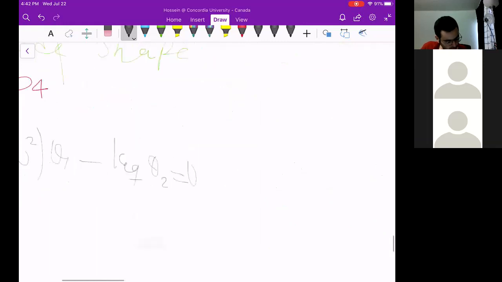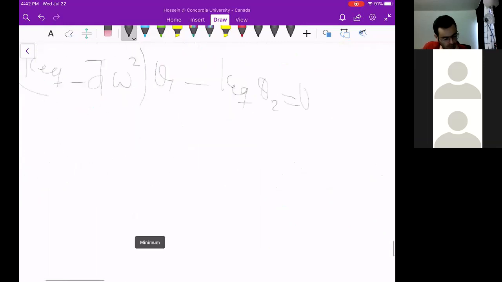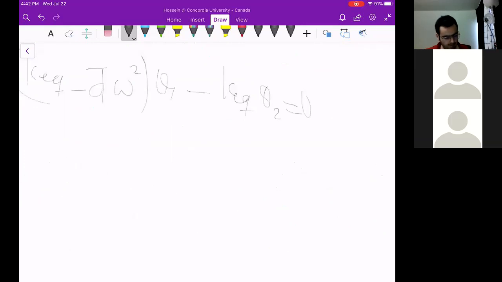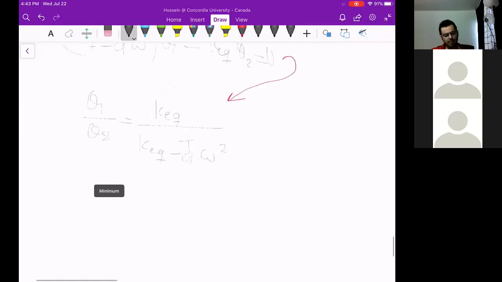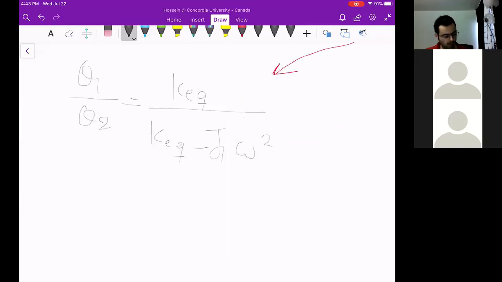So here, for the natural mode shape, you could easily find this ratio theta 1 by theta 2, which is going to be K equivalent minus J1 omega. From this equation, you will reach this equation. So in the numerator, we have K equivalent. For the first mode shape, you have to just insert the first natural frequency in the omega.